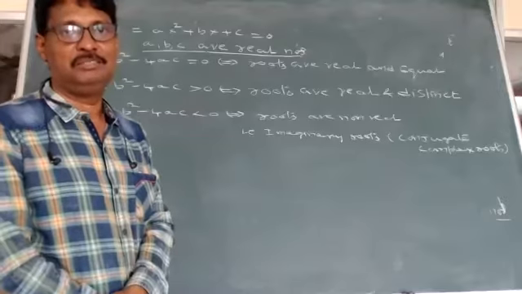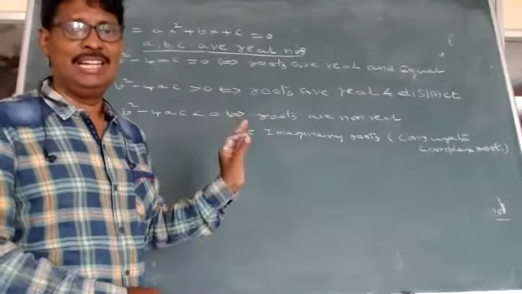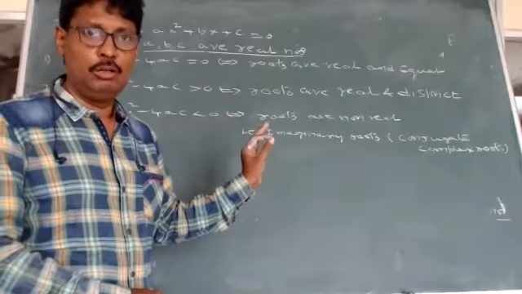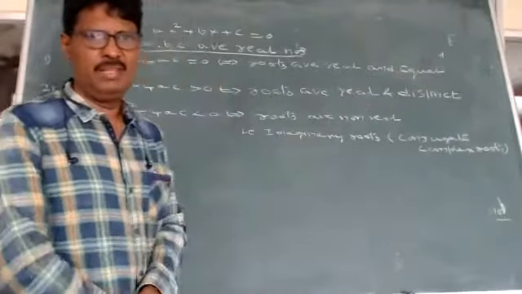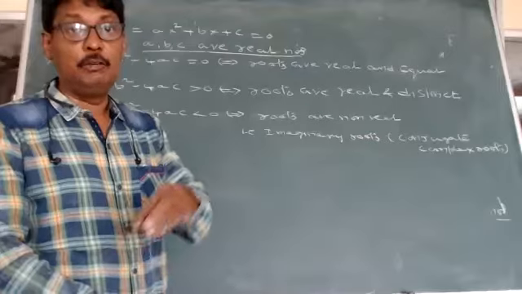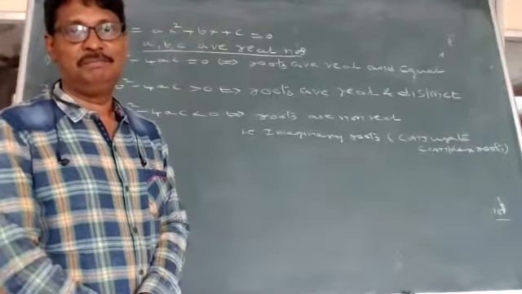If a, b, c are rationals and delta equal to 0, the roots are rational and equal. The roots are definitely equal, but we can say they are rational if a, b, c are rational.